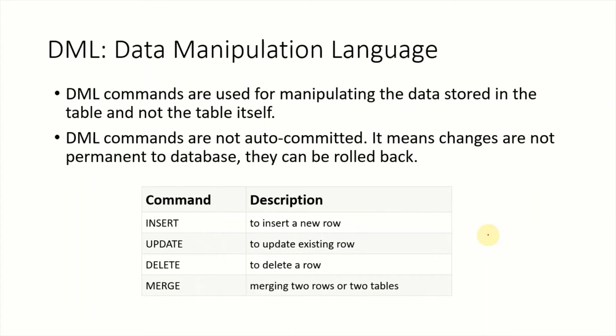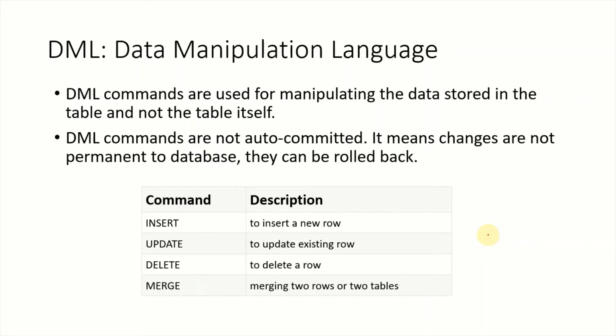Next is data manipulation language. Data manipulation language doesn't deal with the structure of objects. Actually it deals with the data. So here we manipulate data with the help of DML commands. By manipulation we mean that we can insert data, we can make changes in the data, we can delete some existing data.